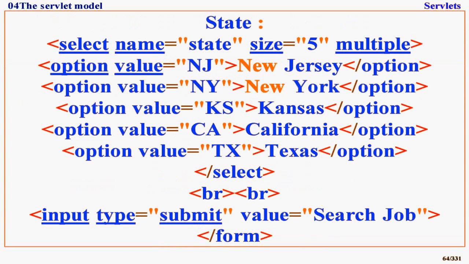Option value=NY, New York. Option value=KS, Kansas. Option value=CA, California. Option value=TX, Texas. Option select BR. Input type=submit value=search job.